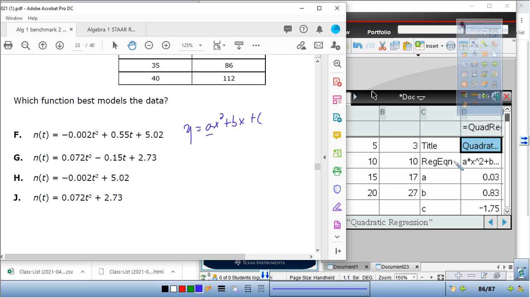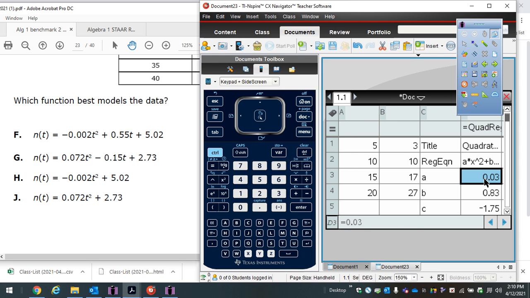So a is this one here, 0.03. Y is equal to 0.03x squared. It's going to be, ooh, oh, it rounded it for me. It rounded it for me.